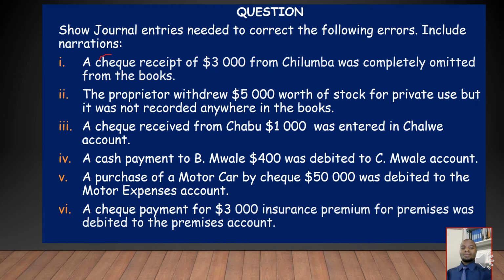So a check receipt, when you hear of check, what comes to your mind is the bank account. So a check receipt from Chilumba, so we have this person who is making the payment. So we have the check, we have the account that involves the check, which is the bank account, and we also have Chilumba account. Now, this statement is saying that there was no entry made in these accounts.